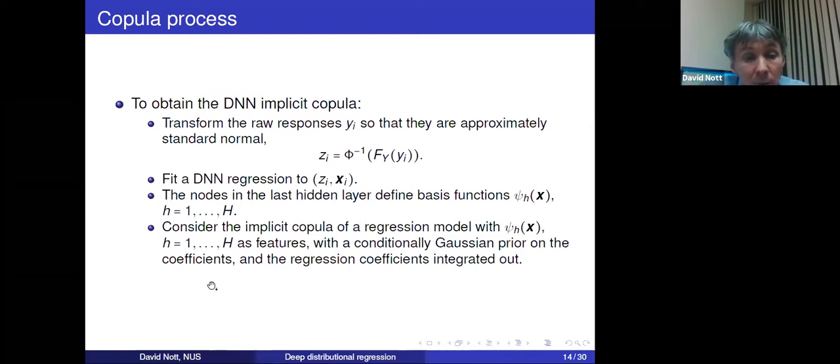Once you integrate out the hyperparameters, the copula is no longer Gaussian, but we have this kind of conditionally Gaussian copula. That's computationally convenient, and we get a non-Gaussian copula once we integrate out the hyperparameters in the coefficient prior.